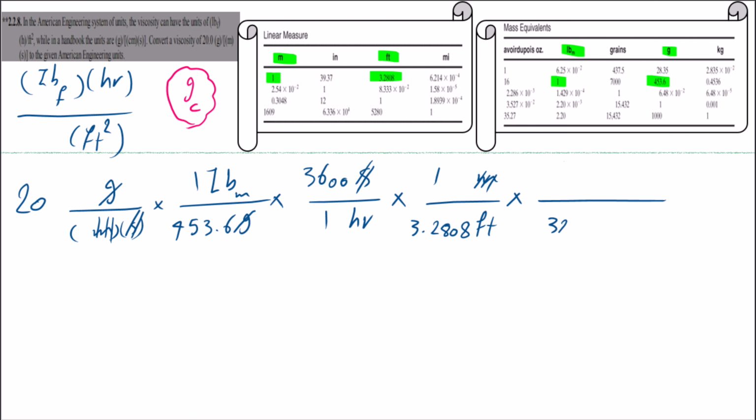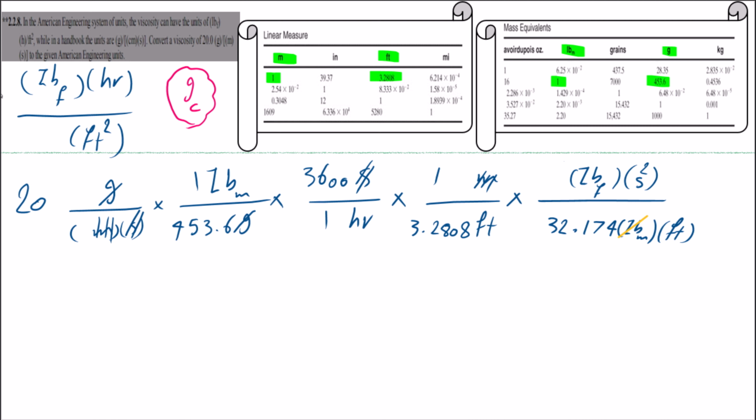Multiply 32.174 lb mass foot lb force square second.